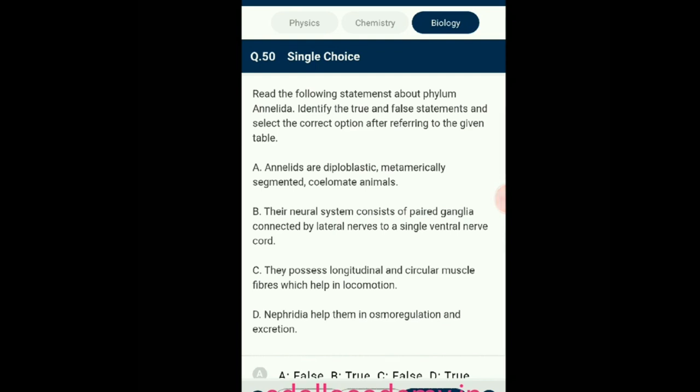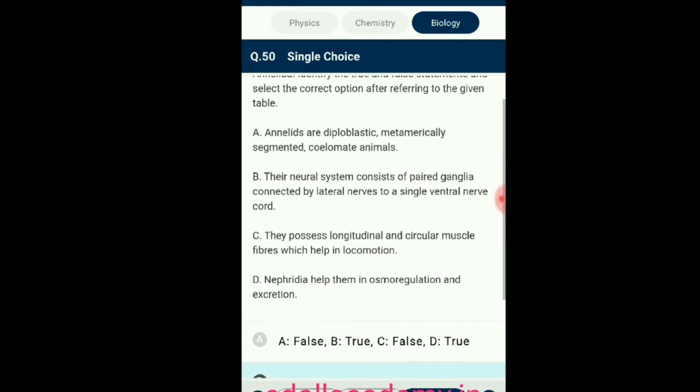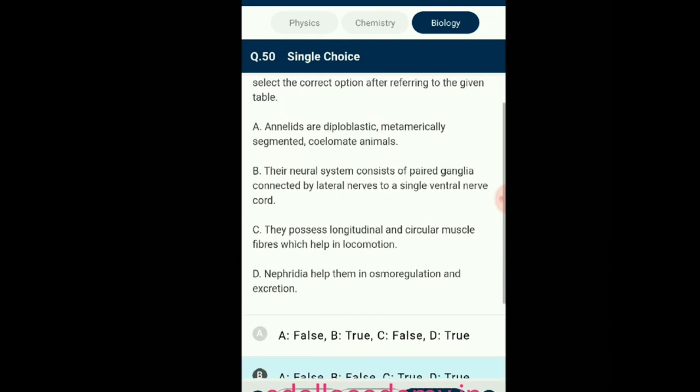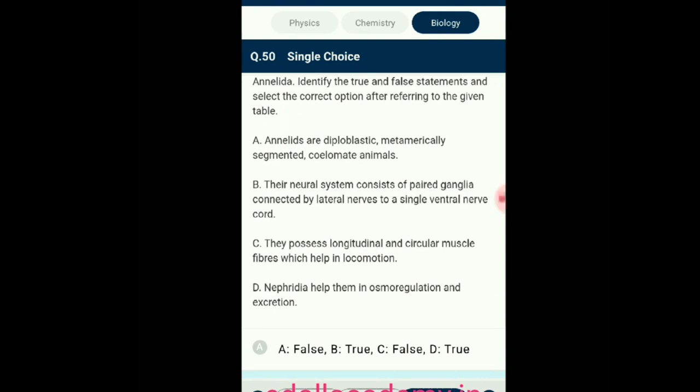Nephridia help them in osmoregulation and excretion. So the answer for this question is: statement A is false, B also false, C is true, D is true. So out of 4 statements, the first 2 statements are false, the next 2 statements are correct.